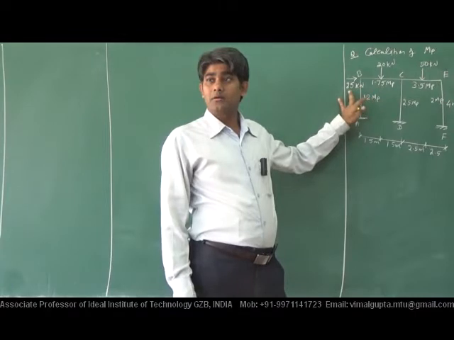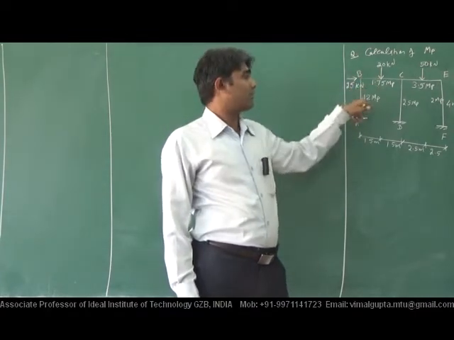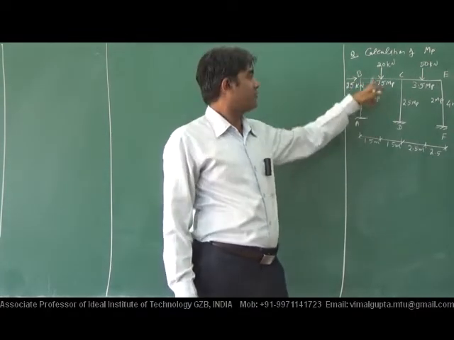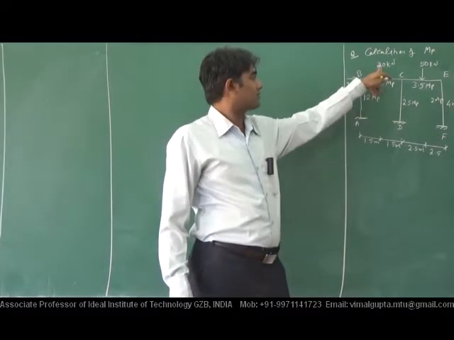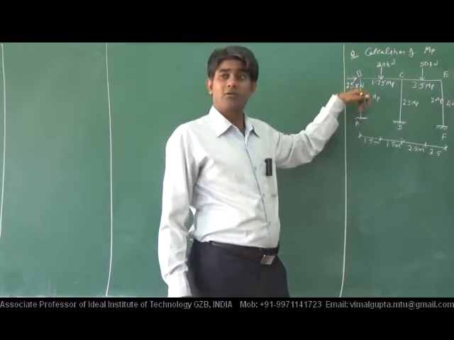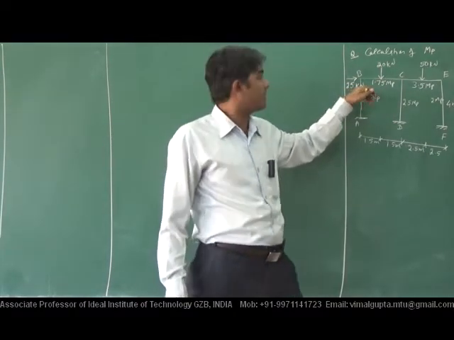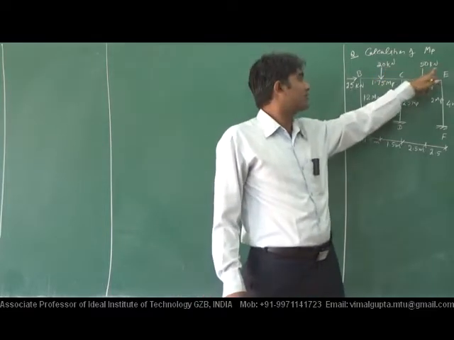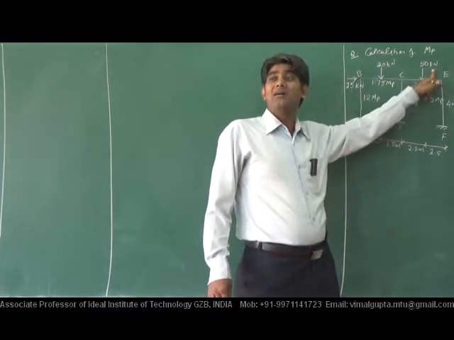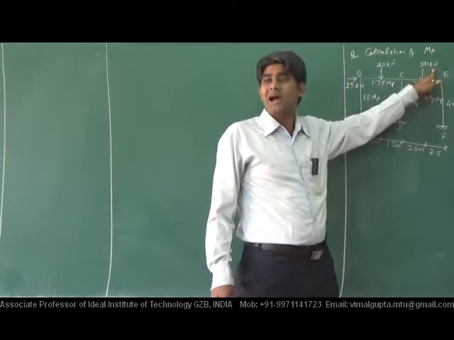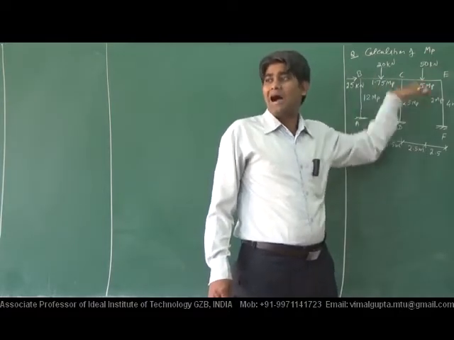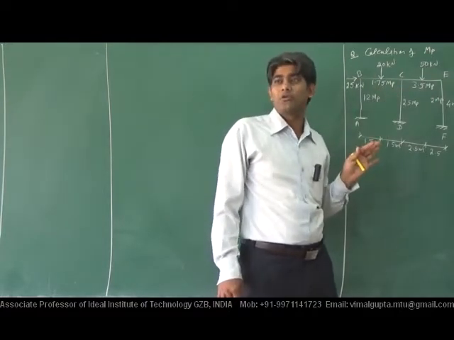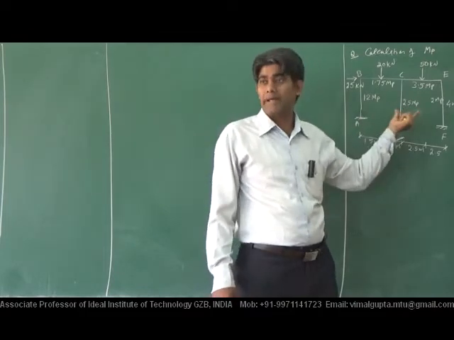While calculating the value of MP, we will assume that this given load, one horizontal force 25 kilonewton, this 20 kilonewton, this 50 kilonewton are collapse loads. Assuming all acting loads are collapse loads, calculate the value of MP.